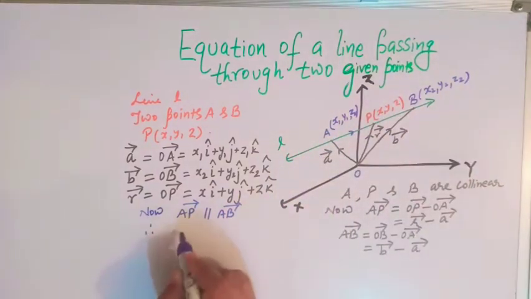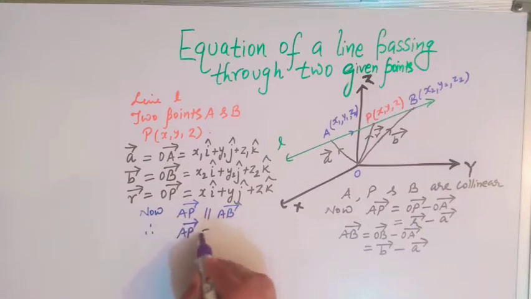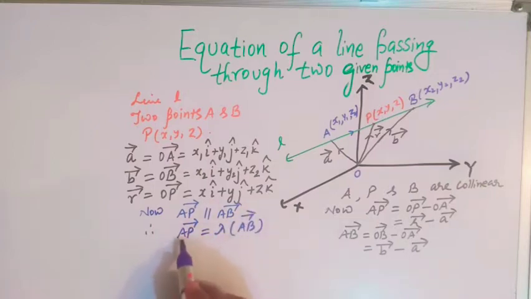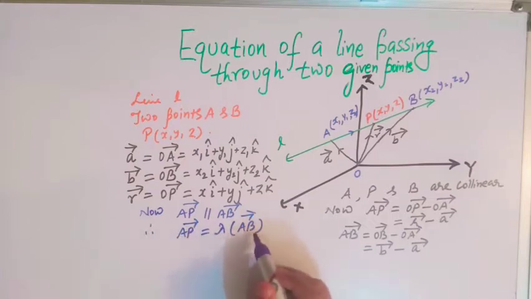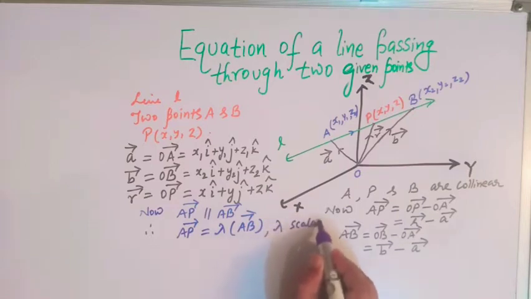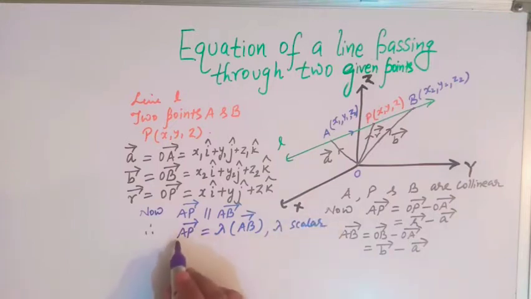So therefore, by the concept of parallel vectors, we can write vector AP as lambda times vector AB, where lambda is some scalar quantity.